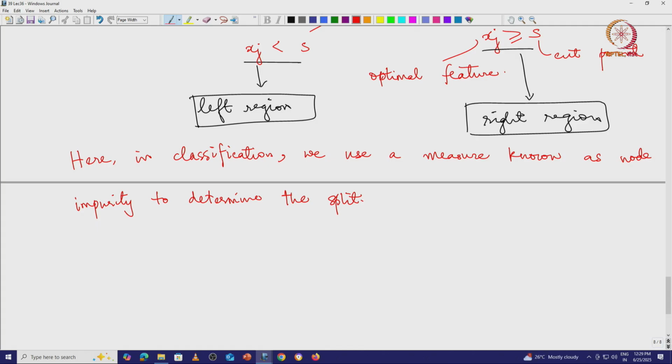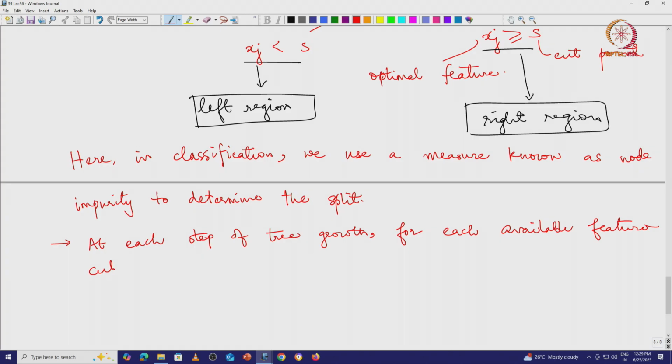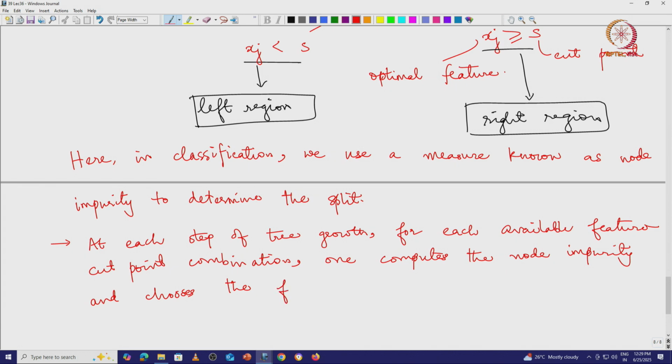At each step of tree growth, for each available feature cut point combination, very similar to what we had done earlier, one computes the node impurity and chooses the feature cut point combination that results in the largest node impurity reduction.